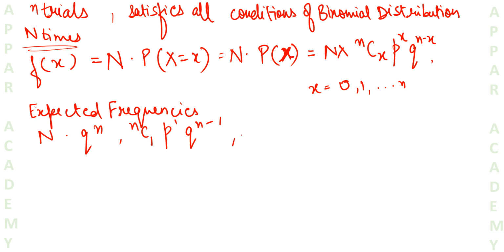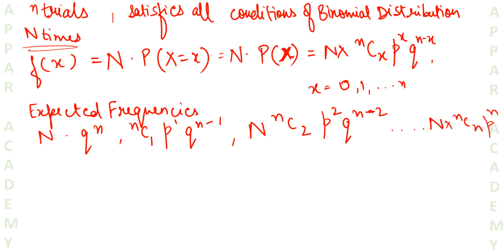Then it will be N into nC2 p to the power 2 q to the power n minus 2, and this will go on till x is equal to n, that is N into nCn p to the power n, or this can also be written as N into p to the power n. So these are my expected frequencies, and using these I can simply compute them.